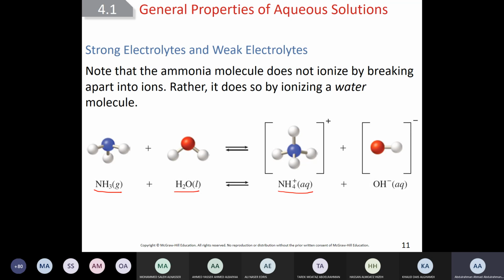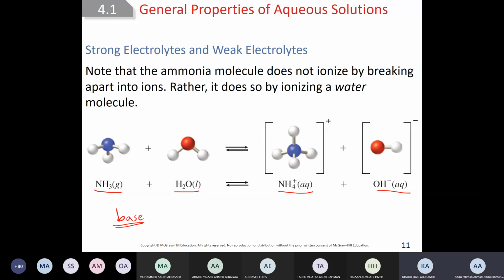NH4 plus OH minus. Is this acid or base? Base. Is it a strong base or weak base? Weak base. Why weak?